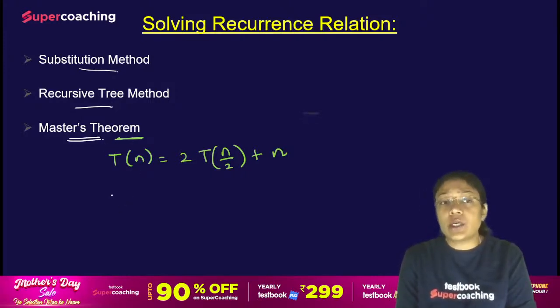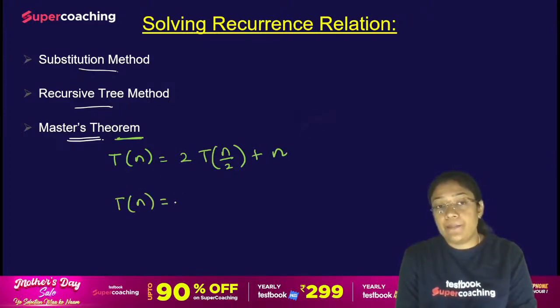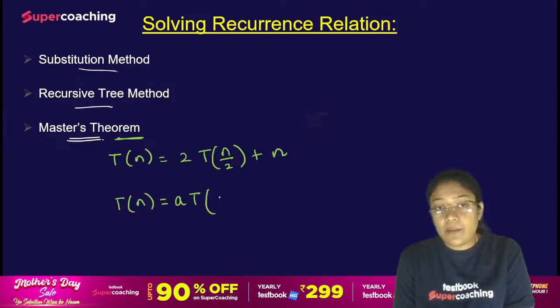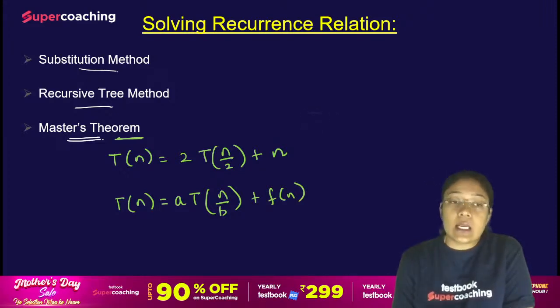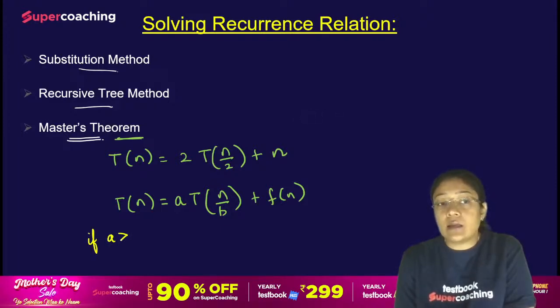So the restriction is if the recurrence relation is of the format aT(n/b) plus, I'm calling this, f(n). The condition is Master's theorem will work if a is greater than or equal to 1. That means this value should be greater than or equal to 1.